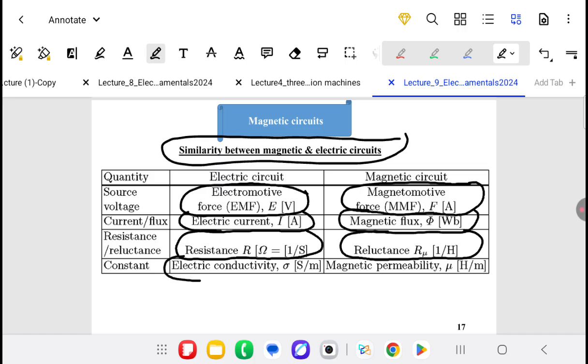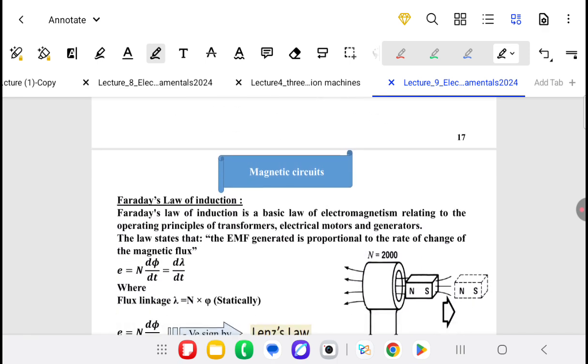The constant in electric circuits is the electric conductivity, which measures the conductivity of the wires, or the easiness of the passage of current in wires. We have magnetic permeability mu, which represents the measure of ease of the establishment of flux lines in magnetic circuits.